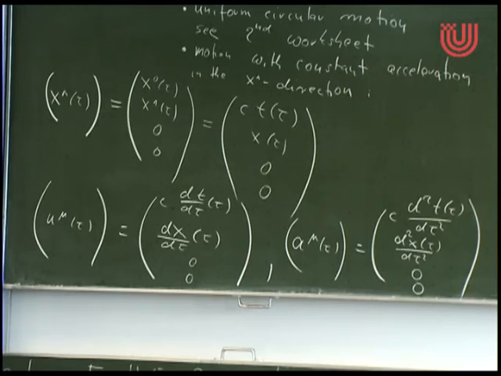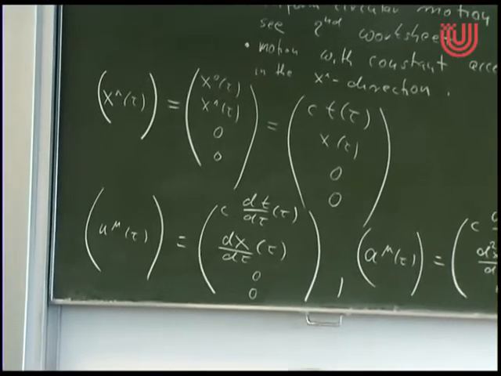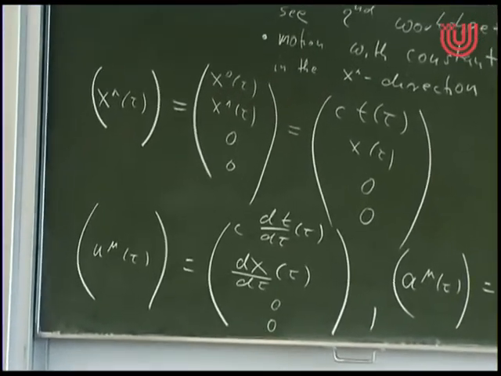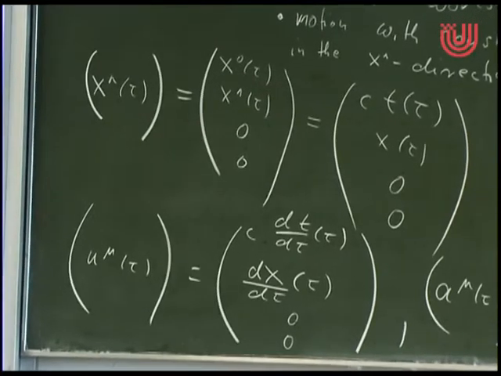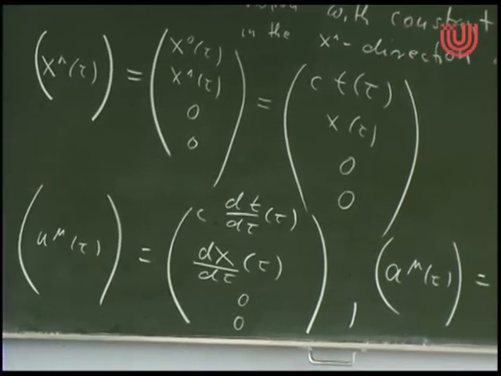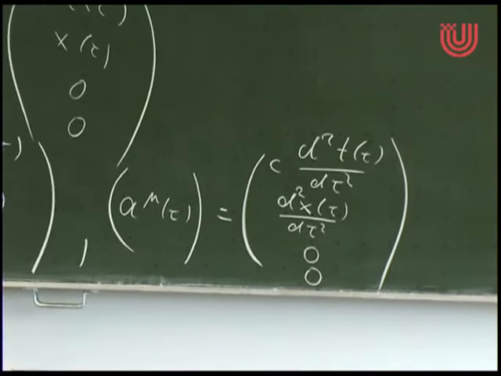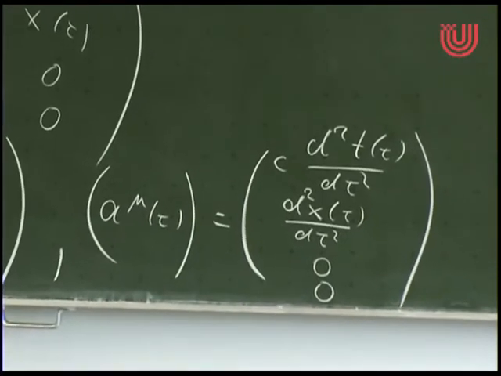Well, I claim that there's one condition which every world line has to satisfy, which we have to use, and then the other one which specifies that the acceleration is constant. So what's the general, the universal one? Which equation would you suggest to use? Tau is proper time. I think you did this yesterday also when you did the last problem on the world sheet.